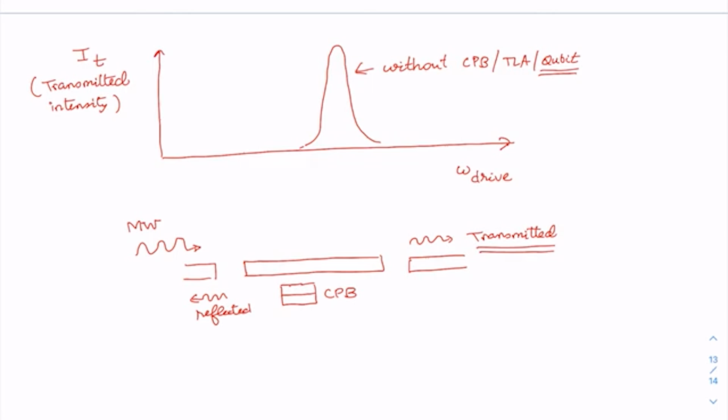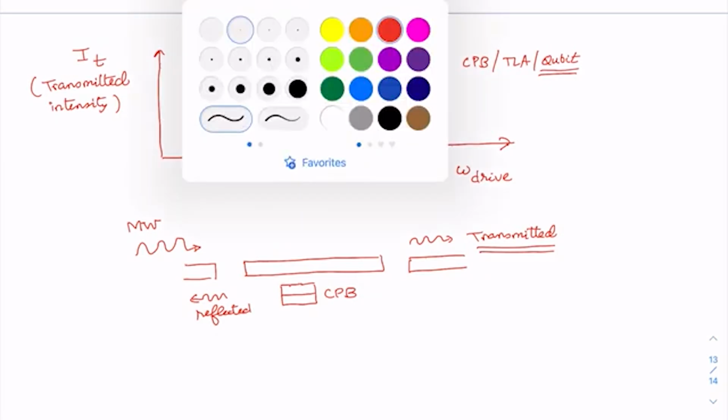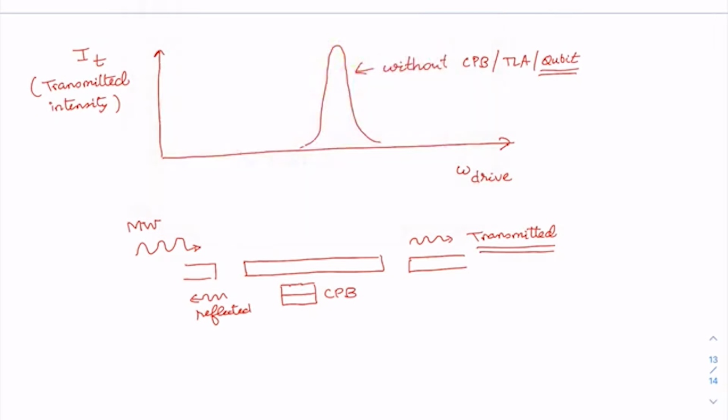Now when this drive frequency matches the atomic transition frequency, that means when the detuning parameter delta is equal to 0, they observed two peaks instead of this single peak.